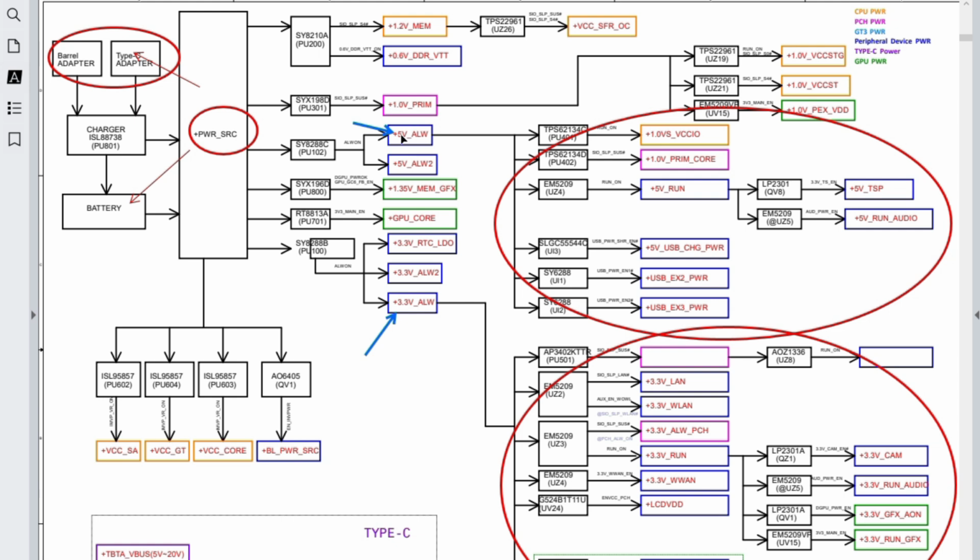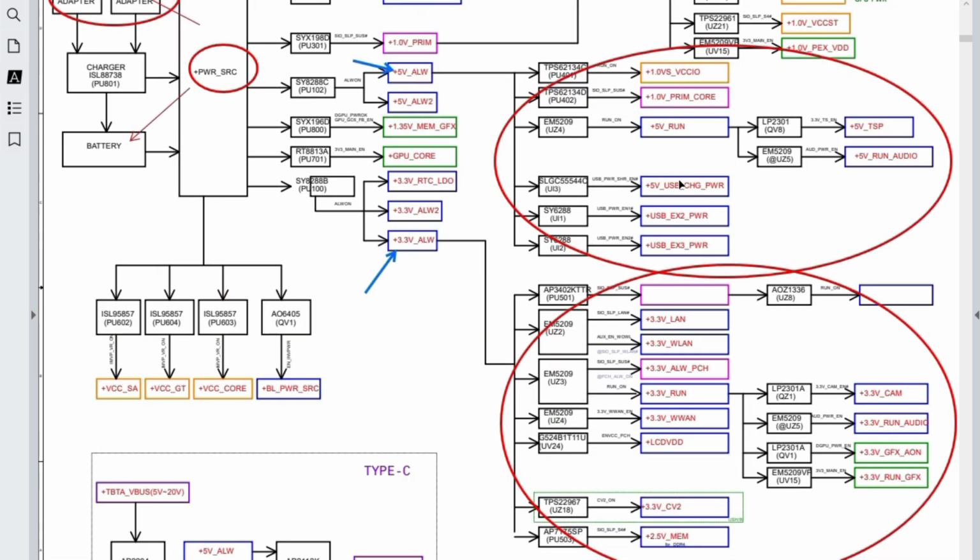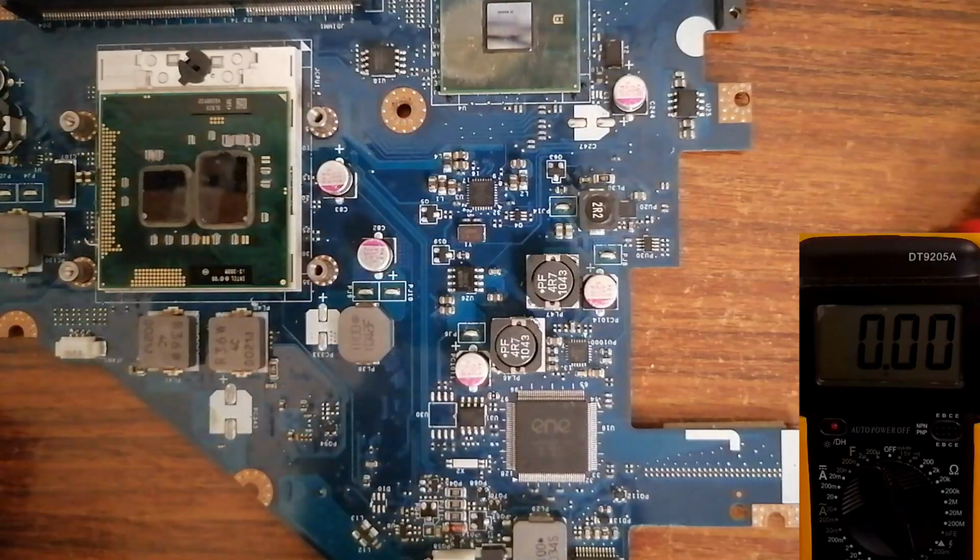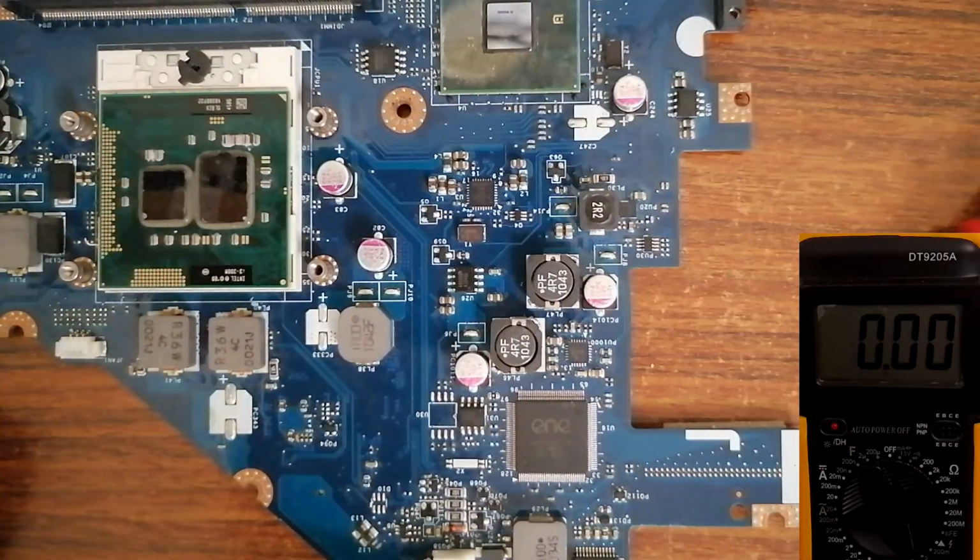All voltages, as you can see, are developed based on these three voltages. The main voltage 19 volt generates these two voltages, 5 volt and 3.3 volt always, and based on these we get all the voltages for the motherboard. So I hope that you understand a little bit.